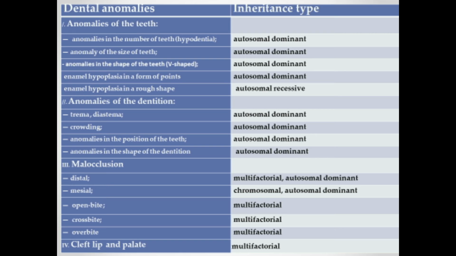Moreover, the author found out that enamel hypoplasia has two ways to inherit. Enamel hypoplasia in the form of points is autosomal dominant. Enamel hypoplasia in a rough shape is autosomal recessive. Abnormal eruption of permanent teeth and spiked teeth have the same autosomal dominant type of inheritance.